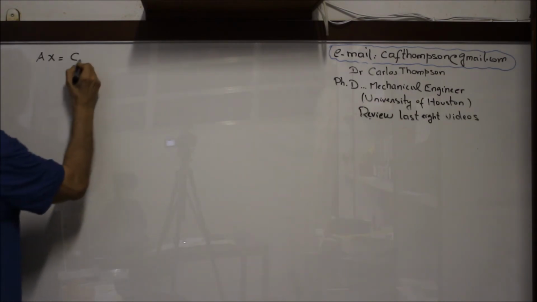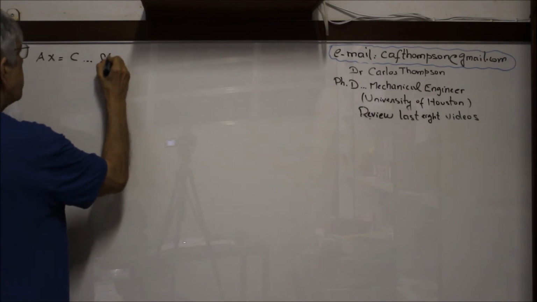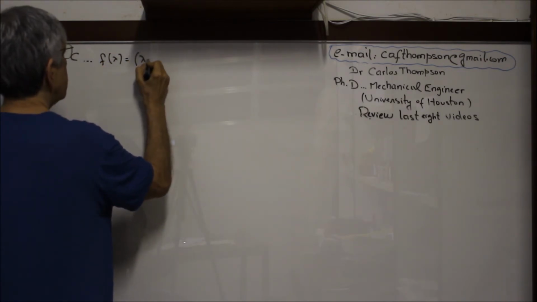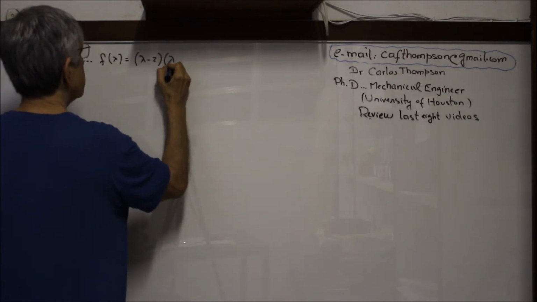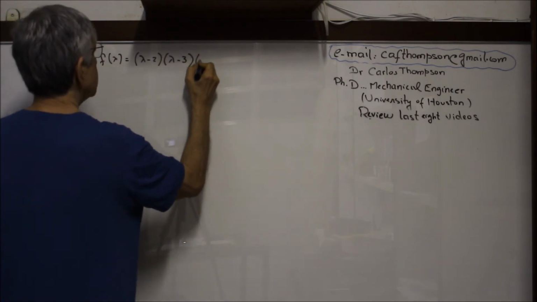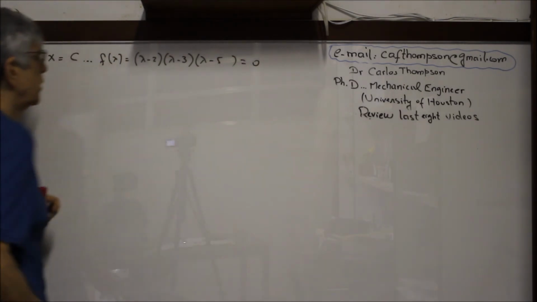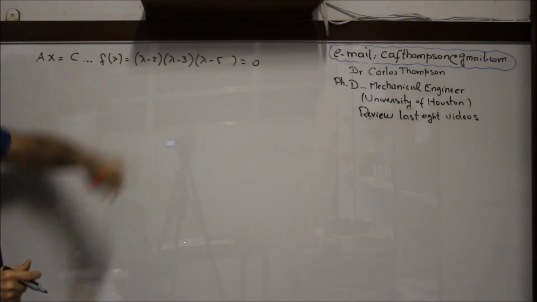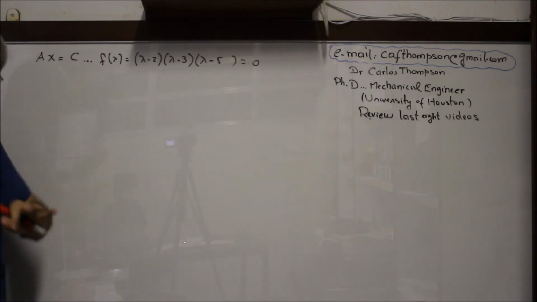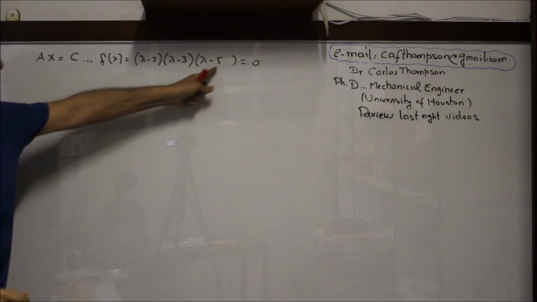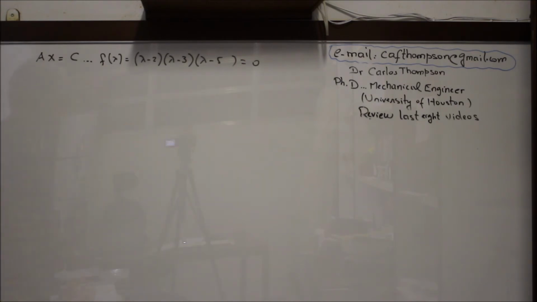Now, suppose the characteristic polynomial is lambda minus 2 times lambda minus 3 times lambda minus 5 equals 0. I want to find out, that's a silly question, okay? I want to find out the minimum polynomial for this one, okay?